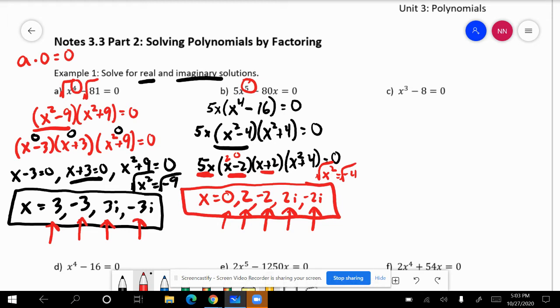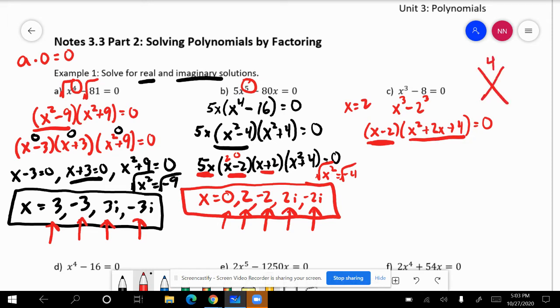Letter C is similar to what we did last time. It's a cubic, so we're going to use the special factoring pattern where we write it as cubes. And we have x minus 2 and x squared plus 2x plus 4 is equal to 0. Now, we know that this one gives us an answer of 2, but this one is not factorable. So that means that what we need to do is use the quadratic formula.